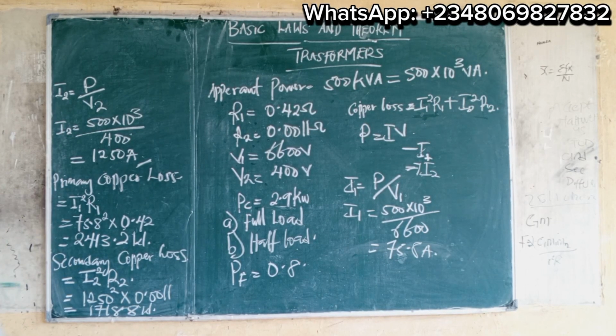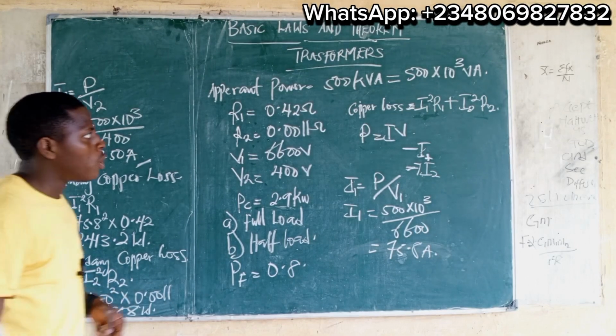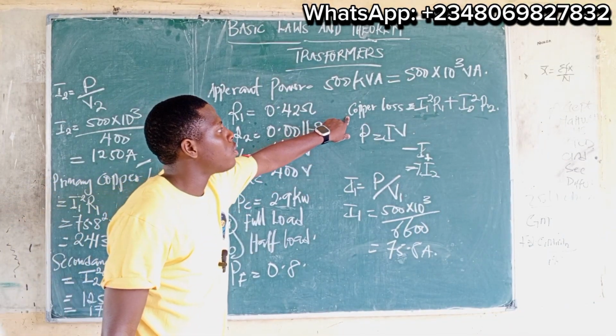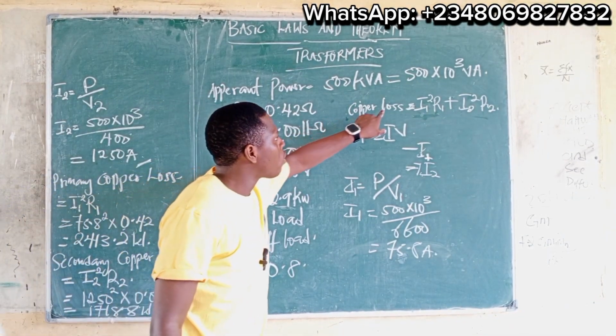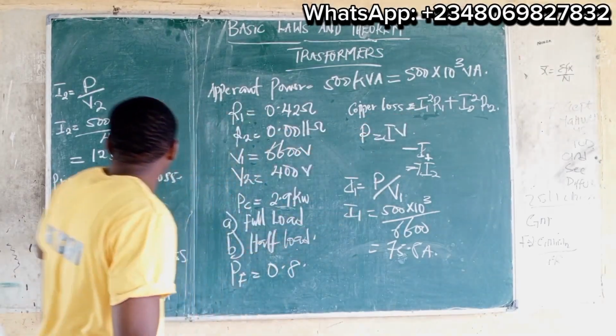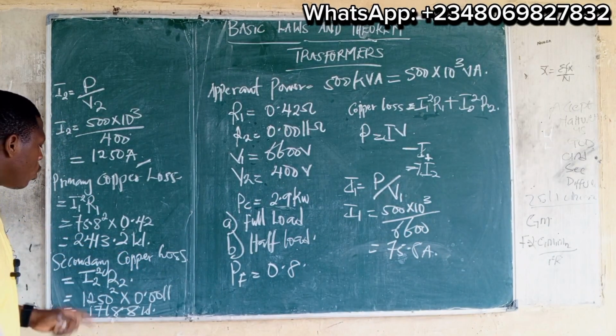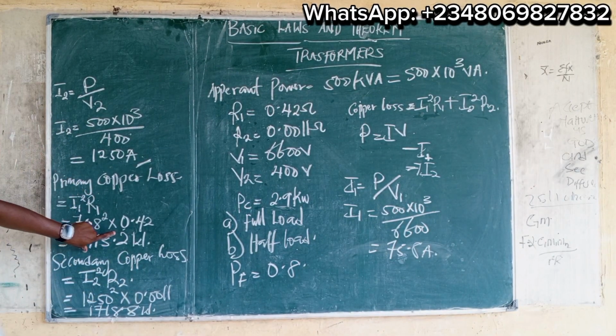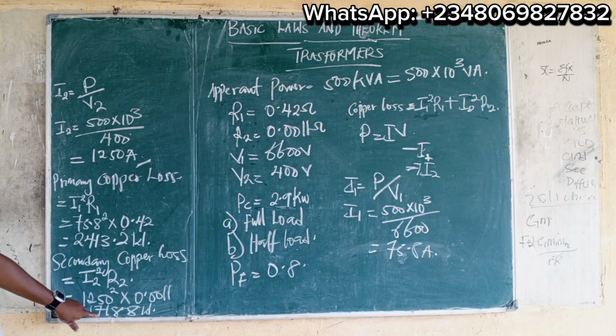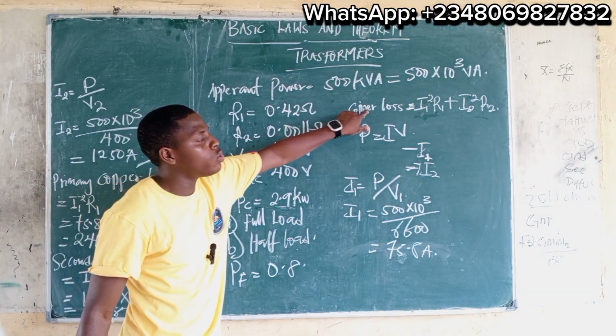So we've succeeded in getting our secondary copper loss and our primary copper loss. But we already know that we are calculating for copper loss. And we know that copper loss is equal to primary copper loss plus secondary copper loss. So what you simply do is take what you've calculated, 2413 and 1718, and add them together to get your total copper loss.